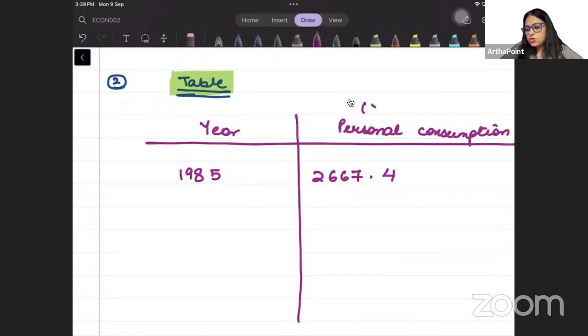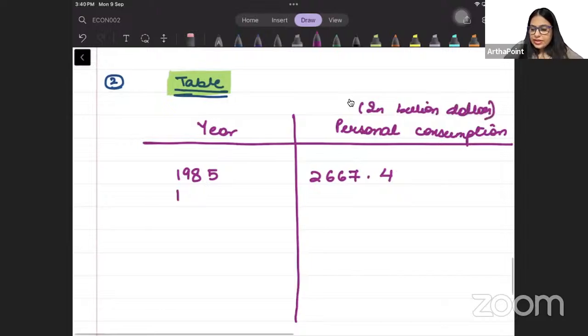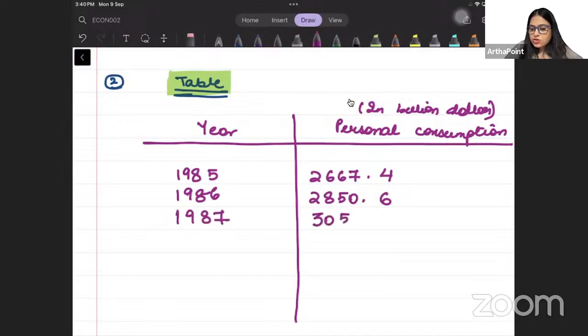This is in billion dollars. है ना? फिर in 1986, consumption was $2850.6 billion. In 1987, consumption was $3052.2 billion. In 1988, consumption was $3523.1 billion.